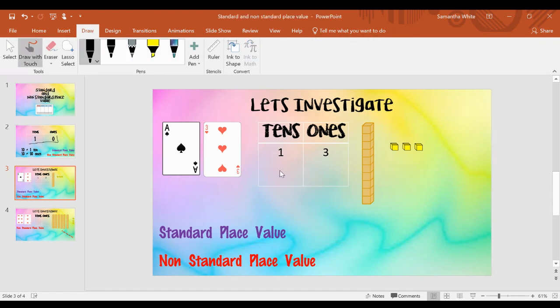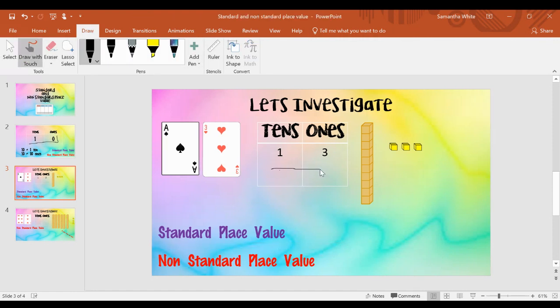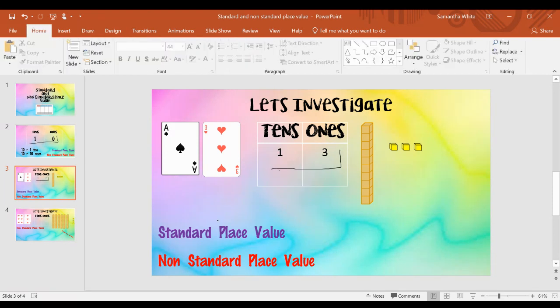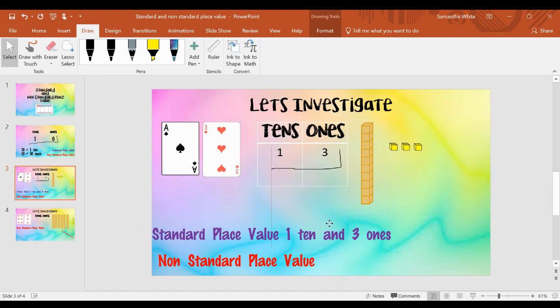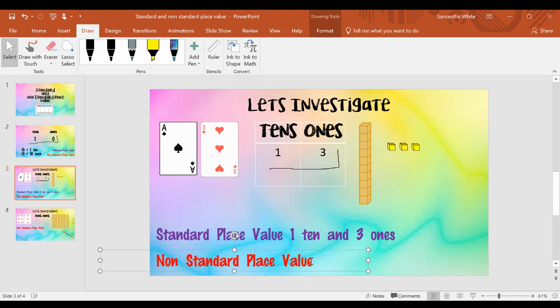We would look at the tens and we would go along the columns and up. And we would say that there are 13 ones. So if we were looking at standard place value, we would say that there are 1 ten and 3 ones. And if we were looking at non-standard place value, we would be saying how many ones there are altogether.